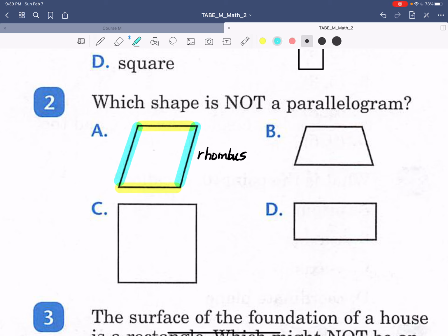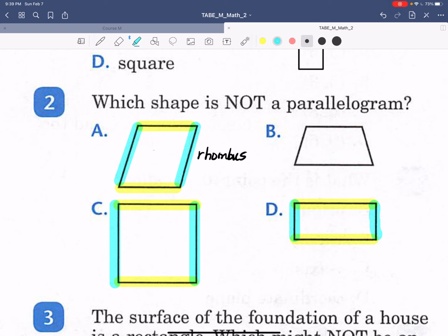This one has one set, two sets. That looks like a square to me. A rectangle has one set, two sets. There's one set. Here's the second.